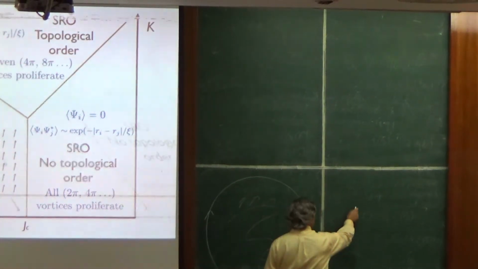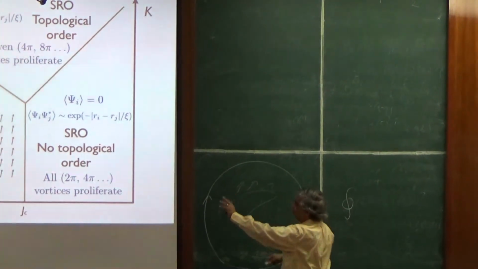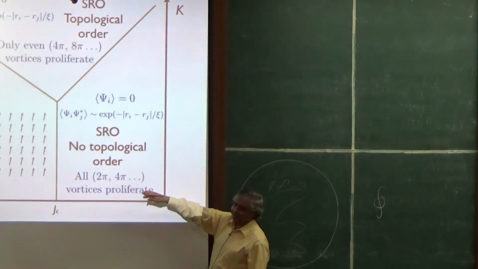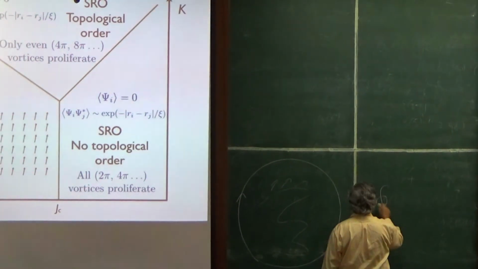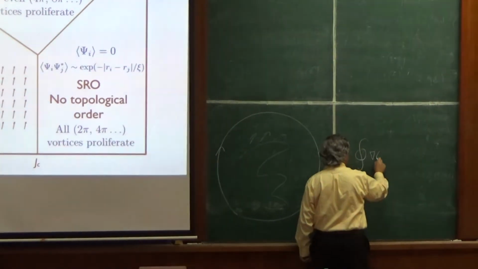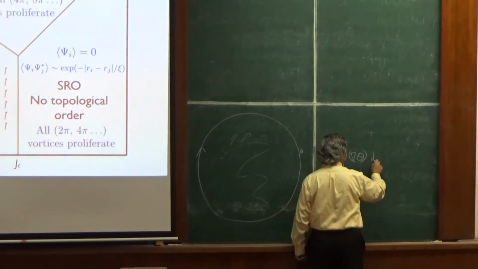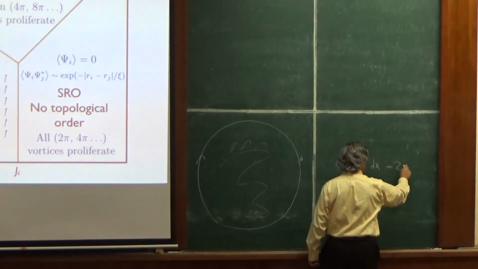Here I should say I'm talking in 3D of vortex lines, not point vortices. These are lines. So I have some angle at every point in space, and I'm taking grad theta dot dr. Now since theta is periodic, this is guaranteed to be 2 pi times n.